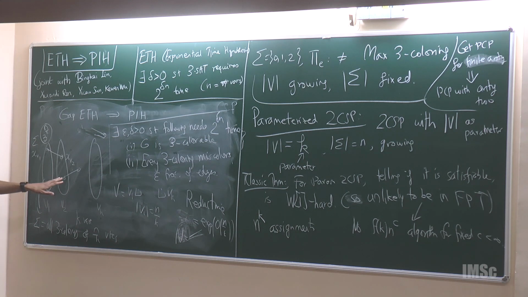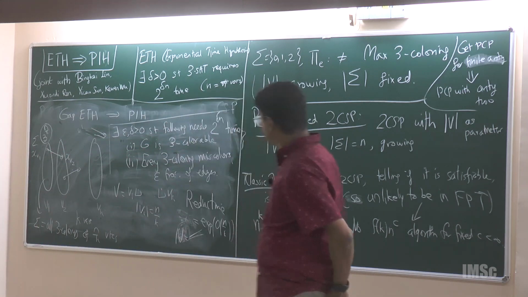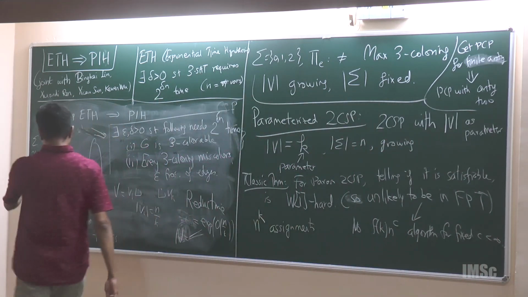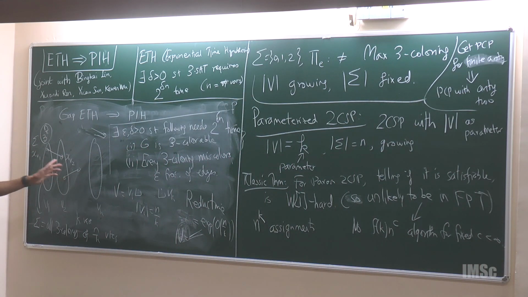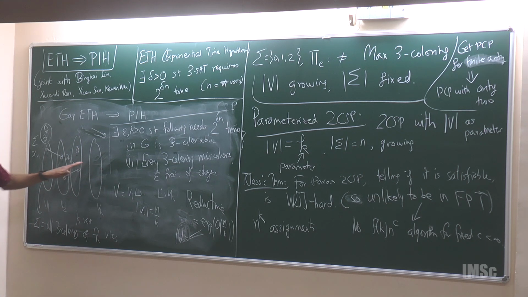And now, if you have a couple of minutes to quietly think over it, it should be obvious that if I can pick one vertex from each part, I will be counting the largest fraction of things. So first of all, if it is 3 colorable, I can pick a proper 3 coloring, just take its restrictions to each Vi, and I'll get a full k clique because there won't be any inconsistency.